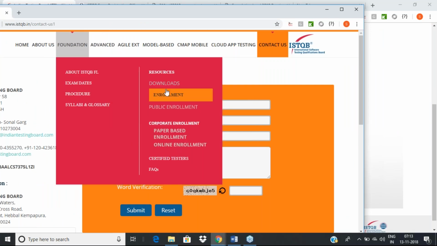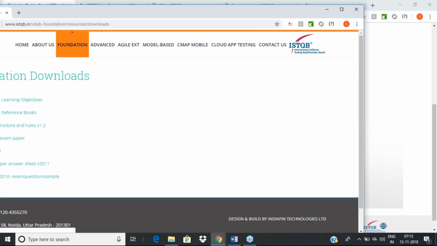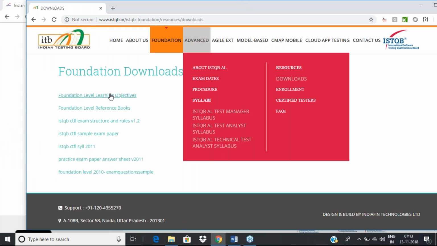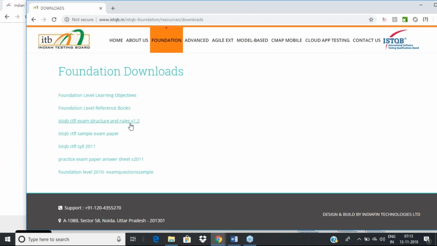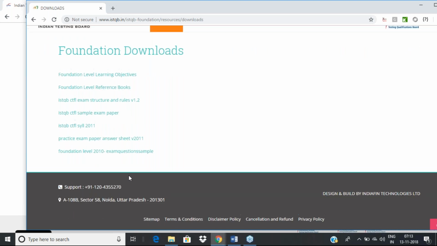So let's see if there is any other things from the resources. Objectives, reference books, exam sample paper, practice exam. These are old ones, don't even go there. Foundational level.